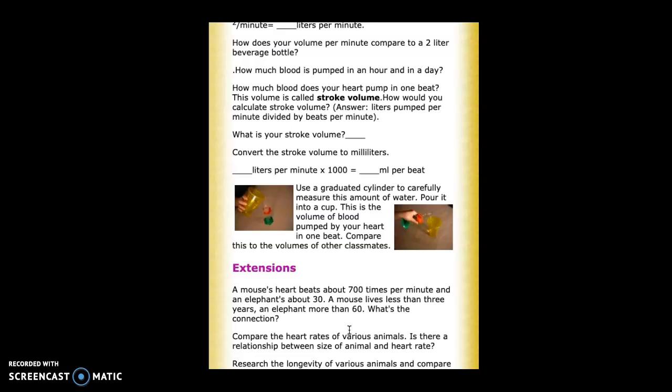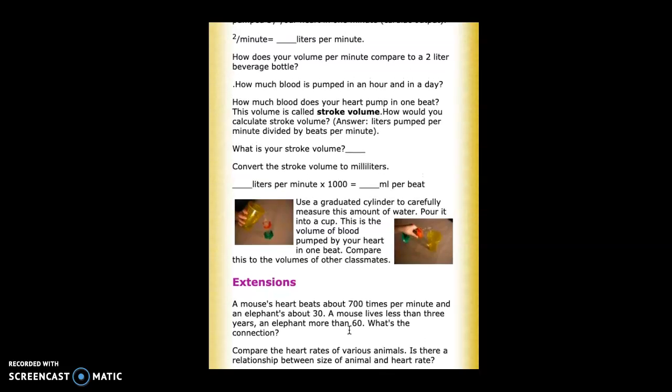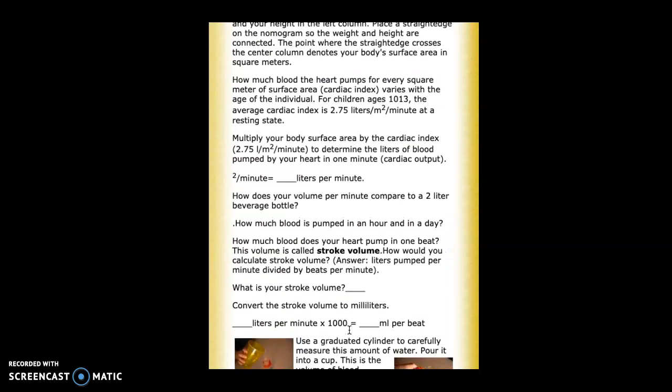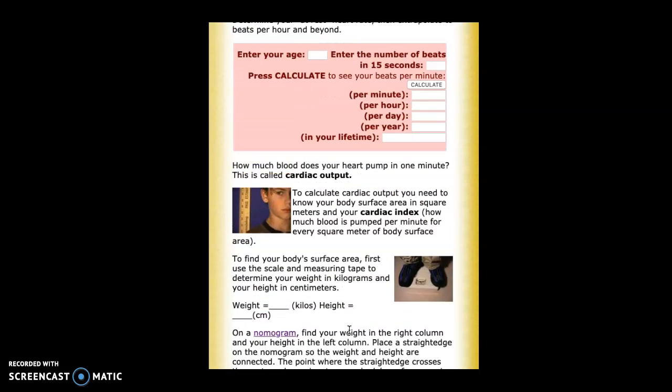So if you get something way out of that, you're probably off in your math. So like 40 to 100 milliliters, not too much, because remember your heart is not huge, and this is the amount of blood it pumps in one beat. So that's the goal of this thing.